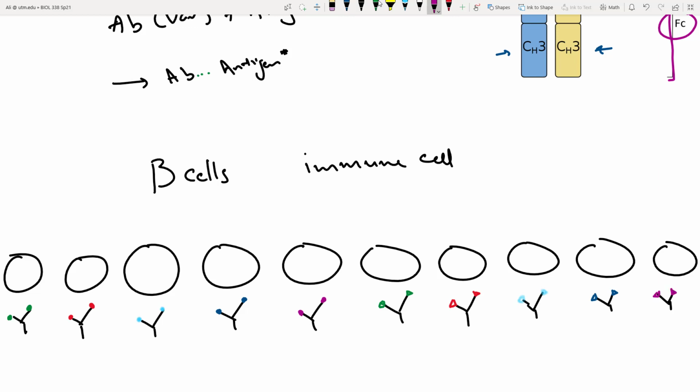Each one will produce one of these specific antibodies. They won't produce the other antibodies. So that's very important.